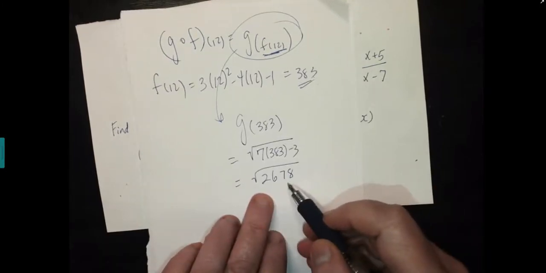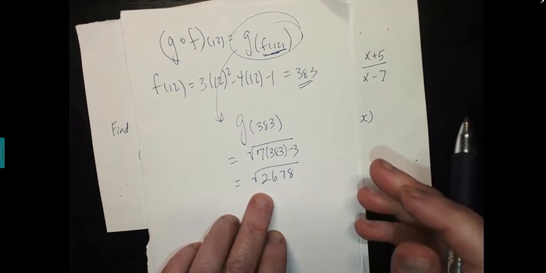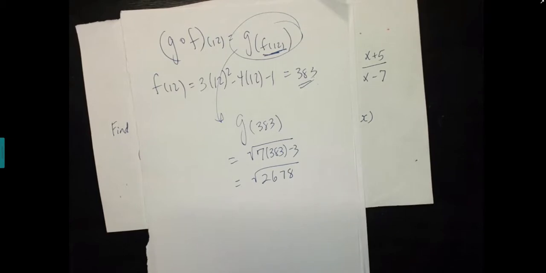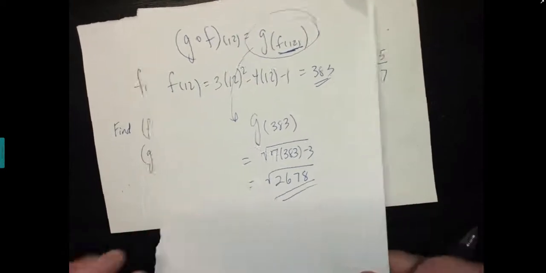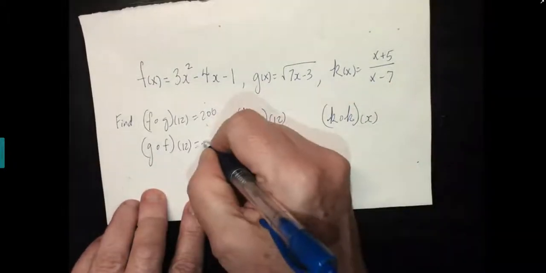And I cannot simplify that any further because 2678 is 2 times 13 times 103. So I can't break that down or simplify it anymore. So that's the exact answer, square root of 2678.